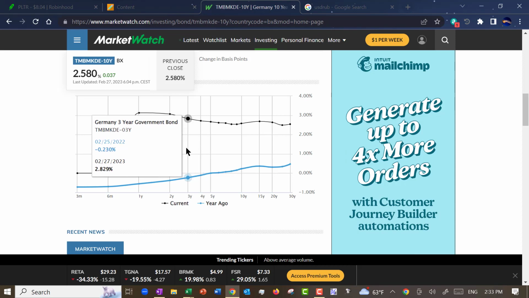It's like as if you give your German government 10,000 euros, and over the next 3 years, for the privilege of them holding on to your money, you pay them another 23 euros per year. Then you get your 10,000 euros back.